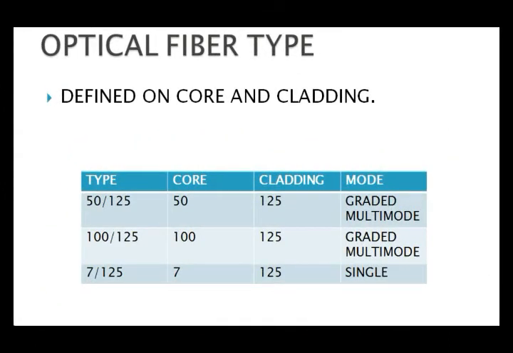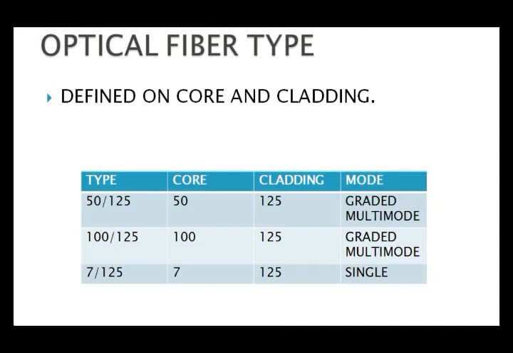Optical fiber type. Its types are defined on core and cladding. If the type is 50 by 125, then 50 will be its core in micrometers and 125 will be its cladding in micrometers. We can take second type as 100 by 125. Here 100 will be its core and cladding will be 125.